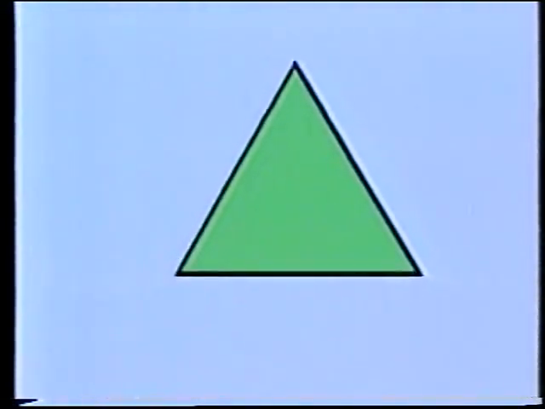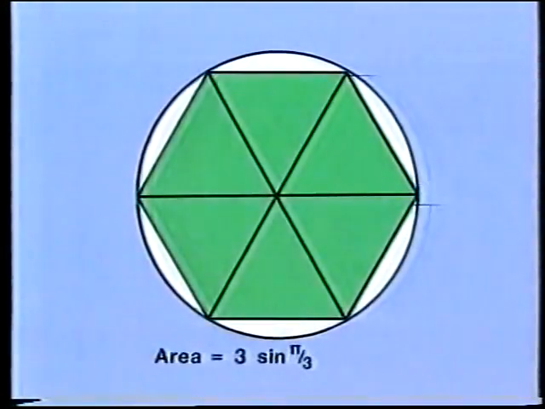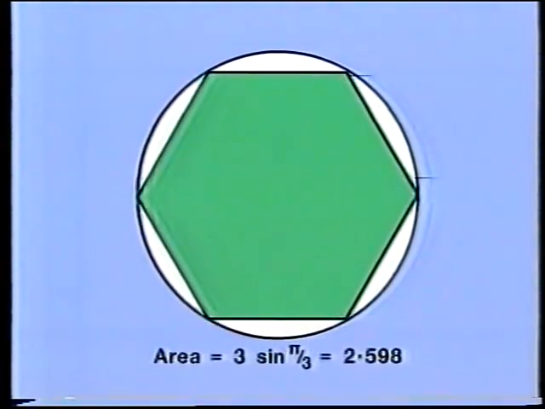And the area of the original hexagon is just 6 times that, 3 sine pi by 3. Sine pi by 3 is √3/2, and 3 times that is 2.598 to 3 decimal places. Not a very good first approximation to pi.